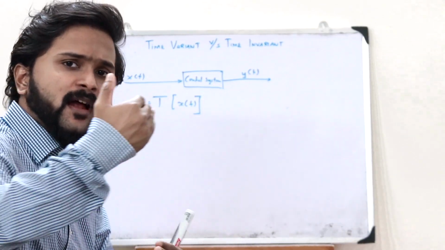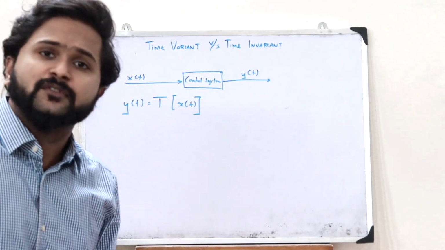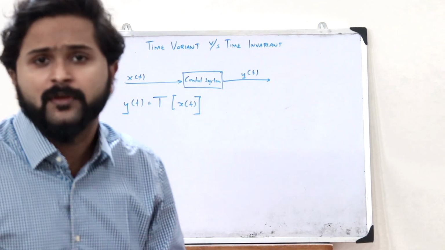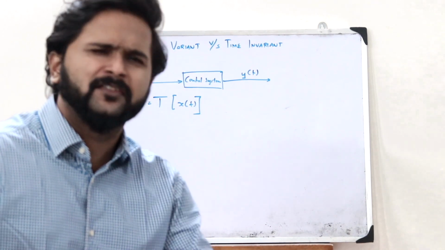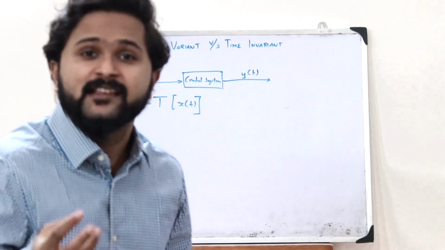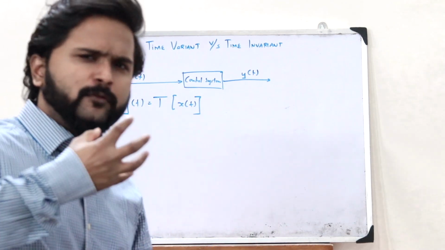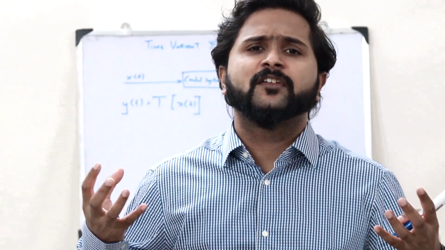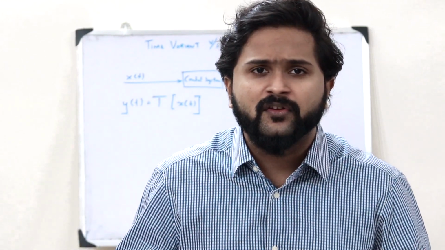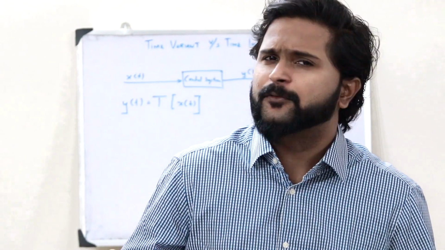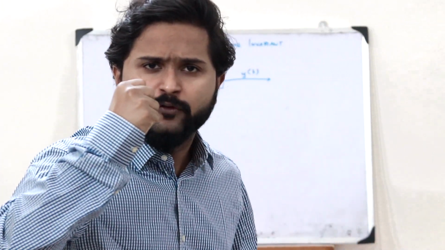That is, as time advances, if this y of t changes with time, then it is a time variant control system. And if it does not vary with time, that is simply what you refer to as a time invariant control system. But how do we check whether a particular control system is time variant or time invariant? For that, we have to carry out two steps.